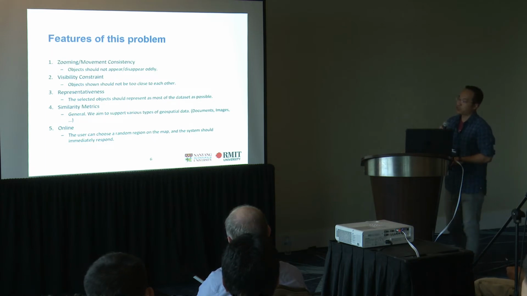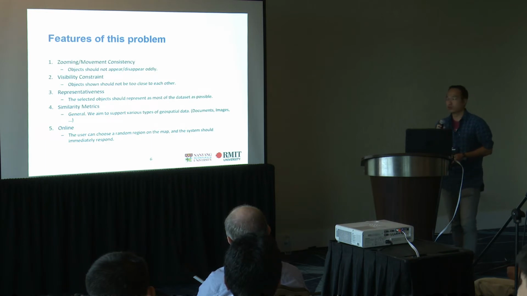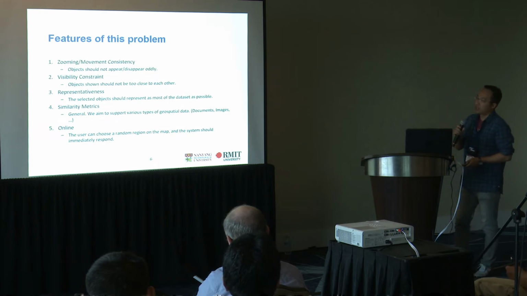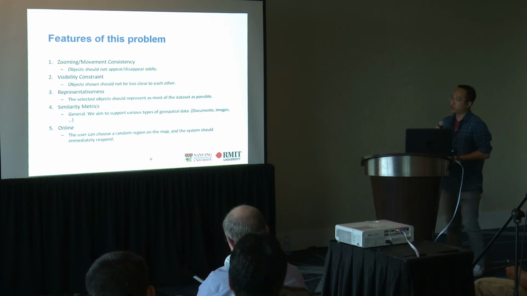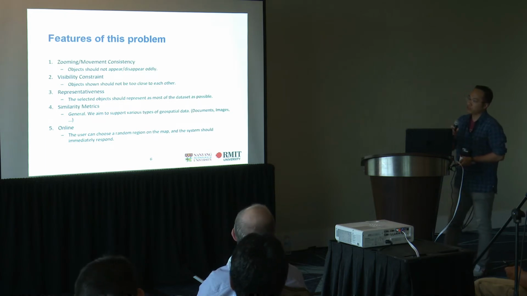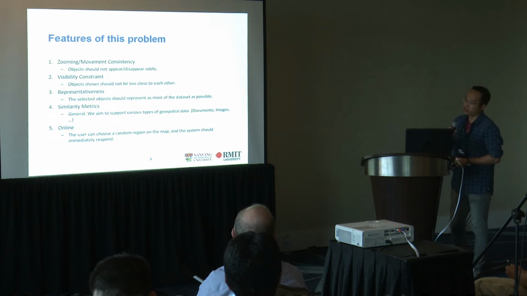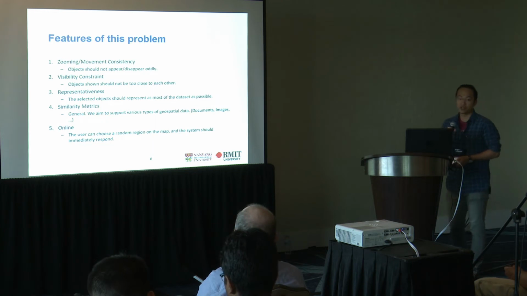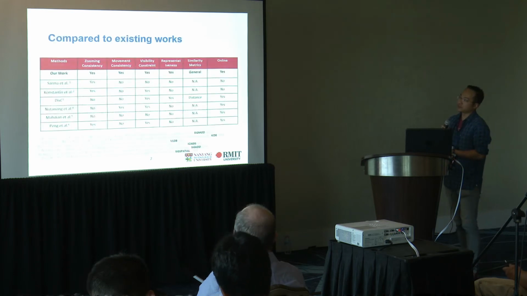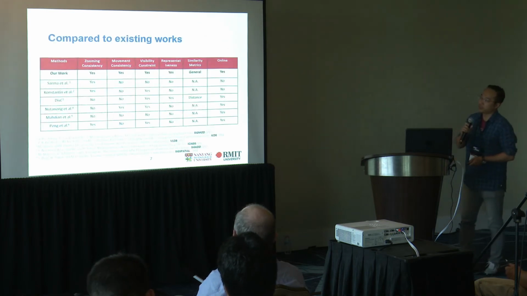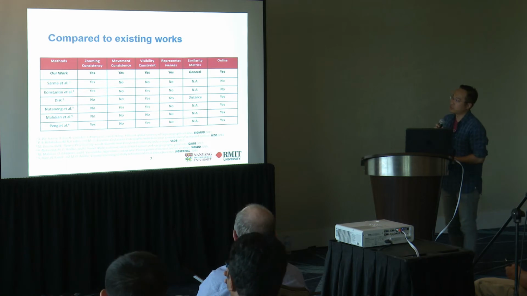In this work, we also consider various types of geospatial data, which may include documents and images, so we use a very general similarity function to support different types of data. We also want a very efficient algorithm, since the problem is online, so the user can get the results immediately. Compared to some existing works, our work is the first to support all the features.